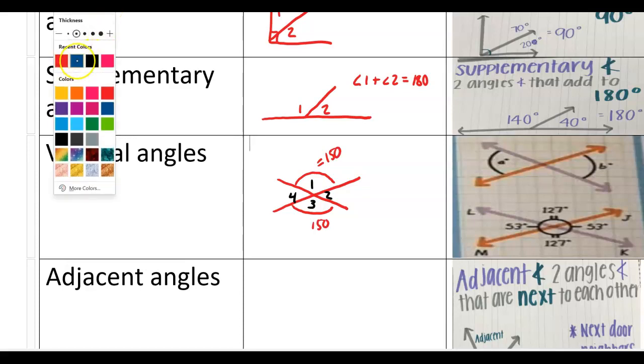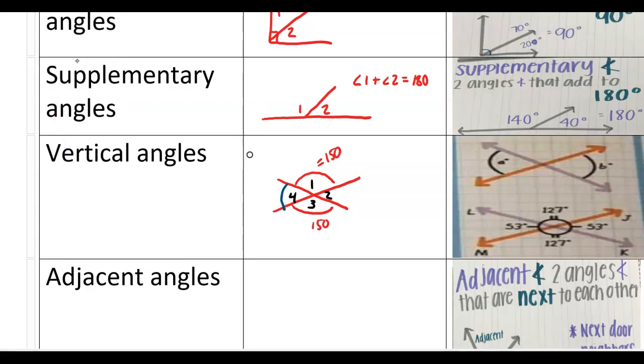And then angle 4 and angle 2 will be exactly the same. So if this is 150, this lies on a straight line, this has to be 30. So then this will be 30. And you'll notice that they always all add up to 360 degrees because you get a circle right there.